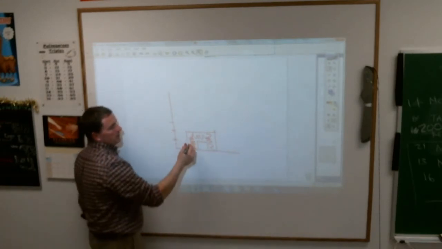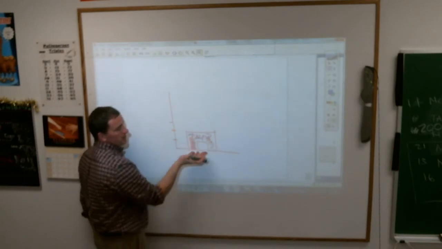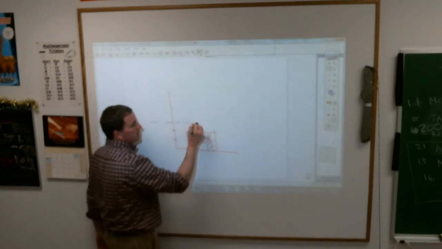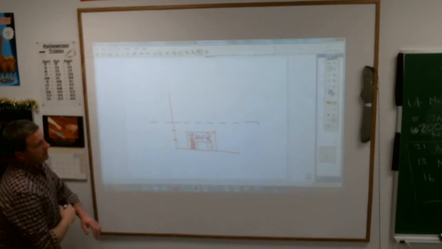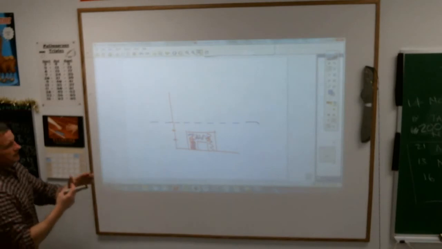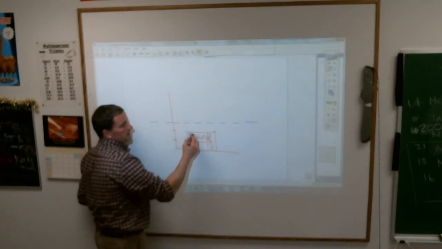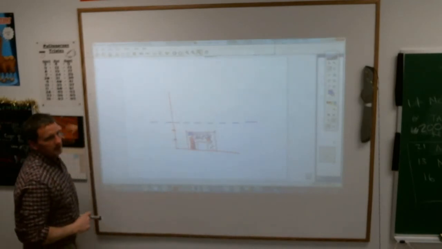They want you to draw this little U shape so that it's a reflection right here where y is 3. How would that look? If you took this piece of paper and folded it and flipped it up, where does this shape end up? That's where it would end up.